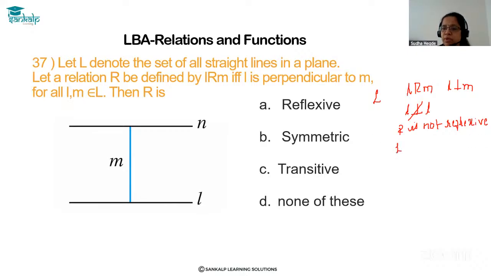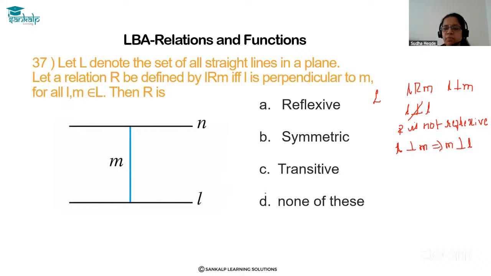Now, L is perpendicular to M. Can I write M is perpendicular to L? The reverse of that: if L is perpendicular to M, see here in this figure also you can check, L is perpendicular to M. Then M is also perpendicular to L, correct?